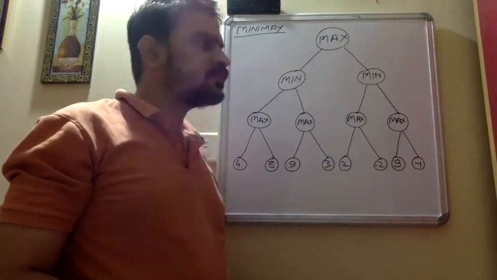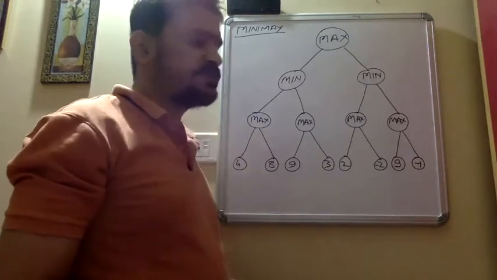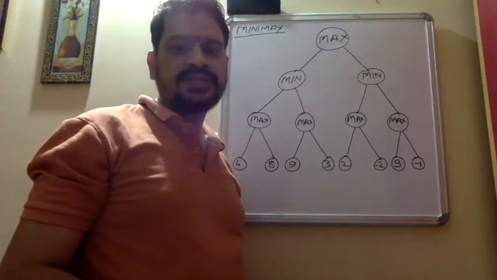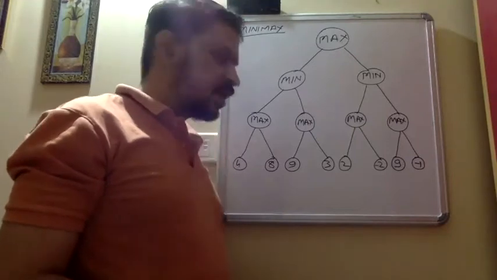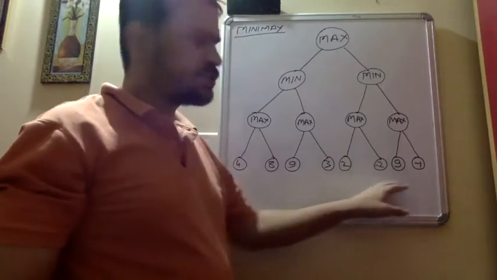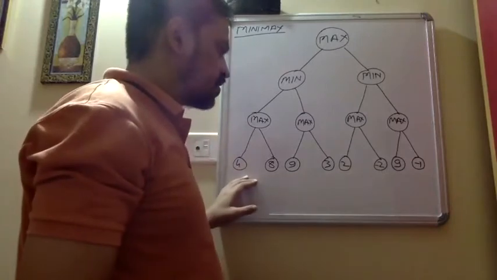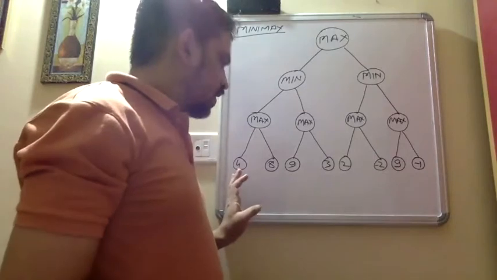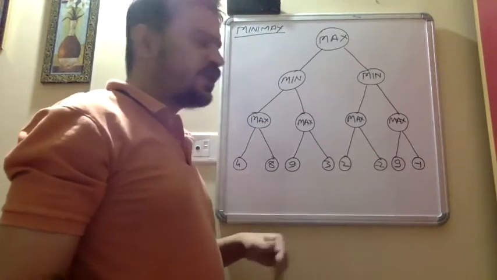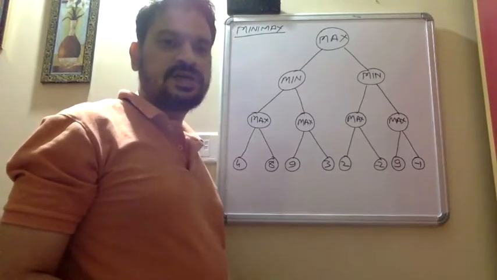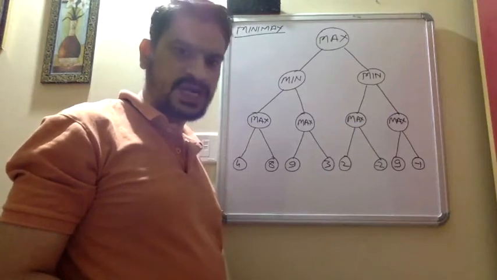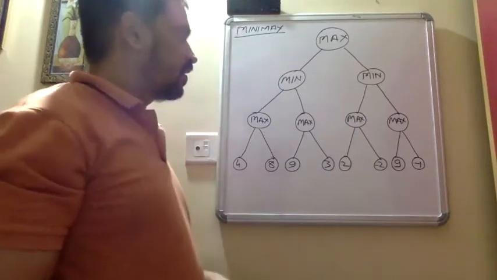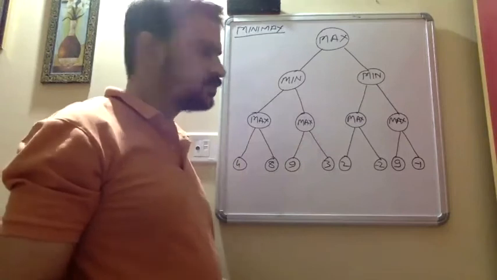So MiniMax is based on these two concepts. We are looking for a solution in the form of some values. So what we have to do is increase the utility score. That is our task, and this is the tree that is given.